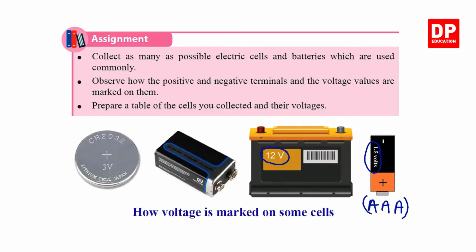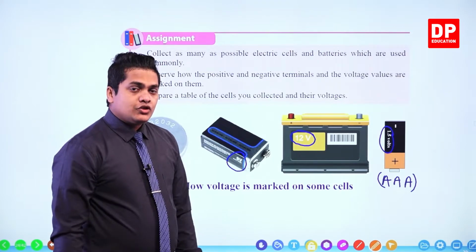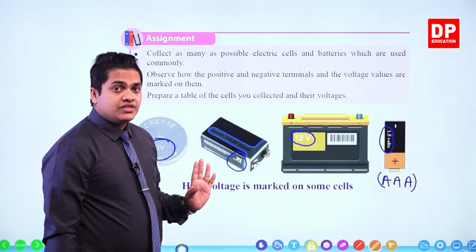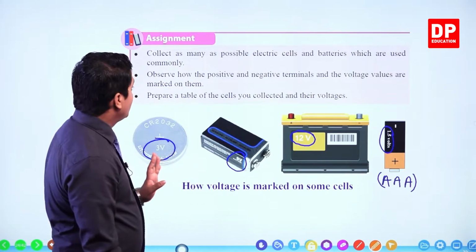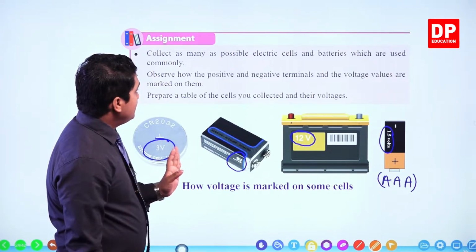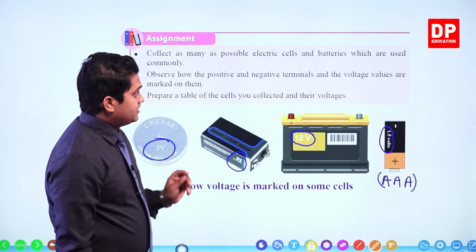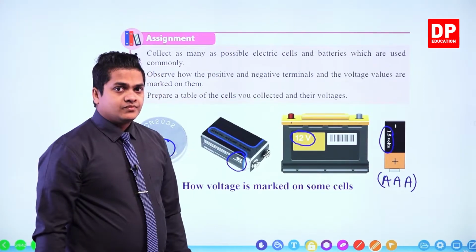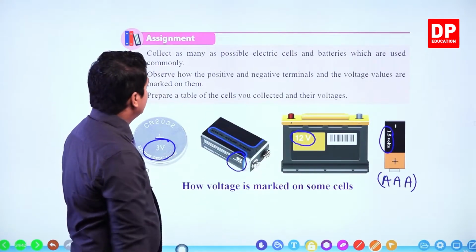So here you can observe 9. The voltage is 9 volts. And here you can observe the voltage is 3 volts, right? So you are given an assignment. At home, you can do this assignment. What is that? Collect as many electric cells and batteries as possible which are used commonly. These are some examples.